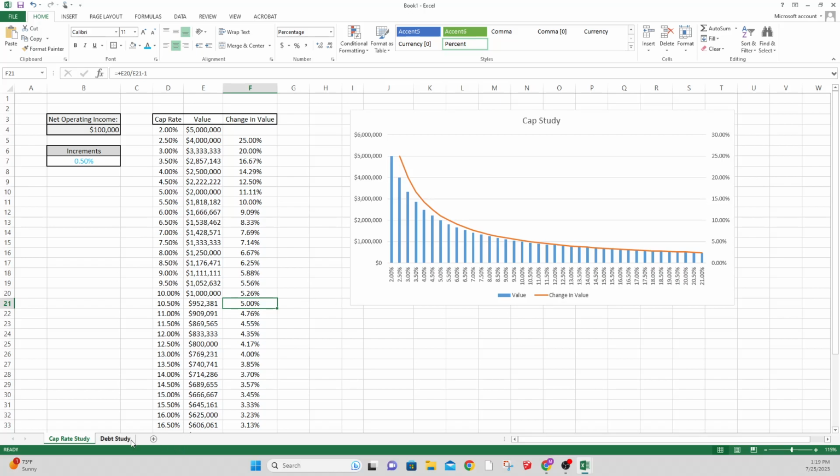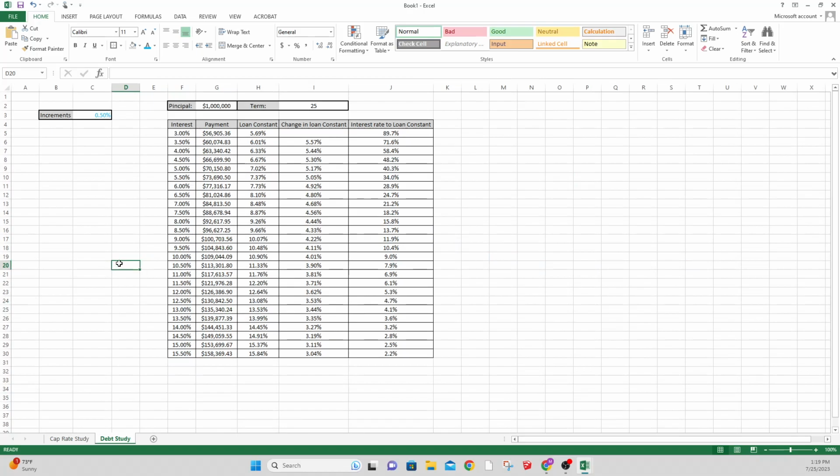And then in the same vein, if we look at what loans will do, it's interesting to see what the interest payment is. This is assuming a 25-year amortization on an outstanding loan of $1 million, and calculating what those loan constants are. One thing that was really interesting to me was the interest rate to loan constant relationship. There's significant variation between them.